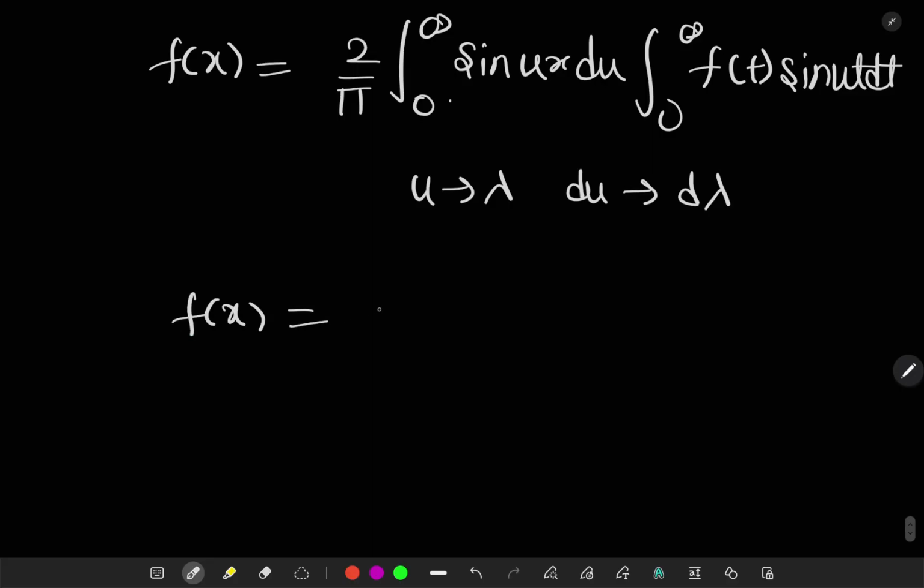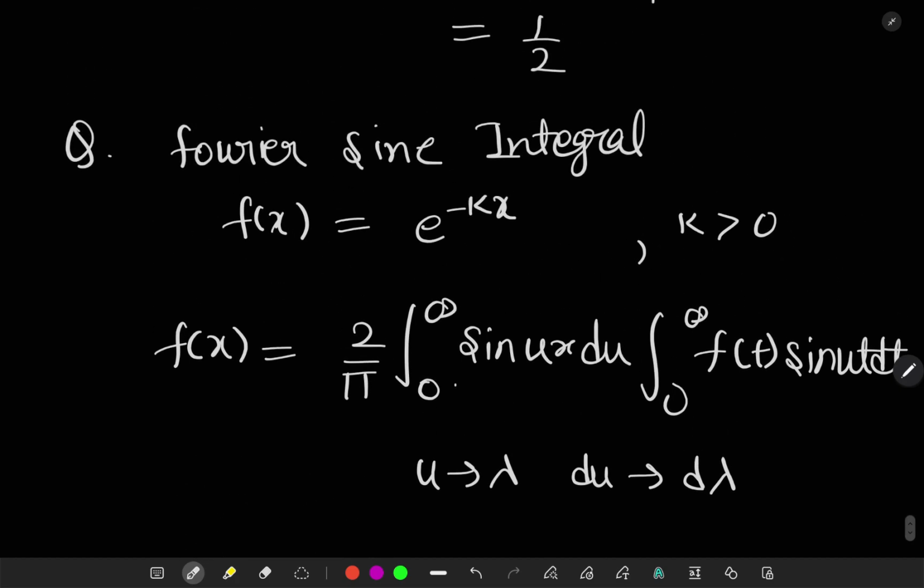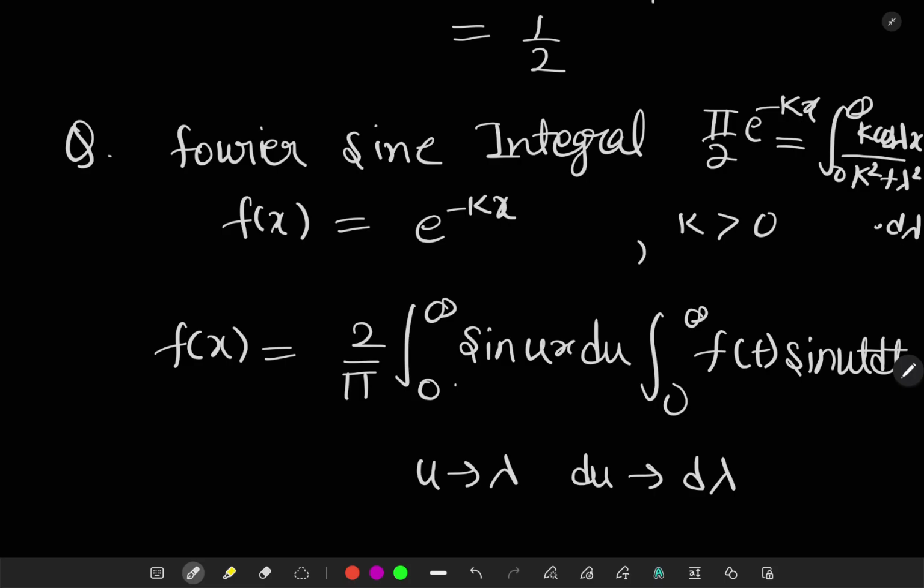In this question we need to prove that π/2 e^(−kx) is equal to integral 0 to infinity of k cos λx divided by (k² + λ²) dλ.